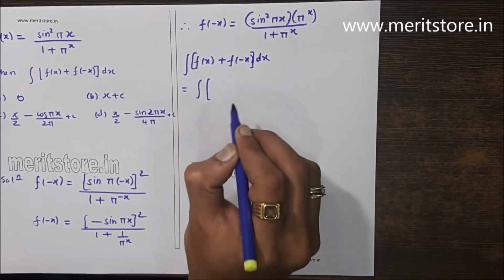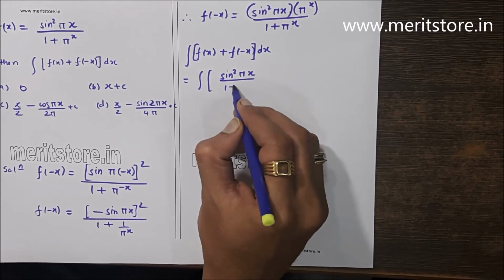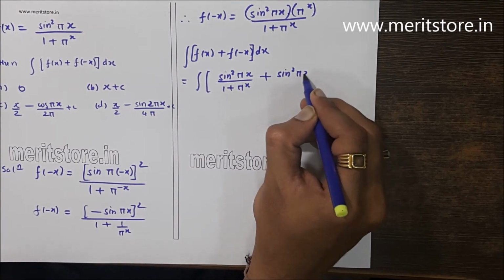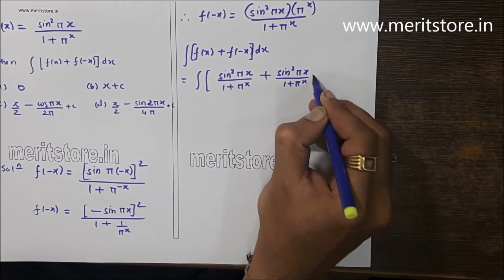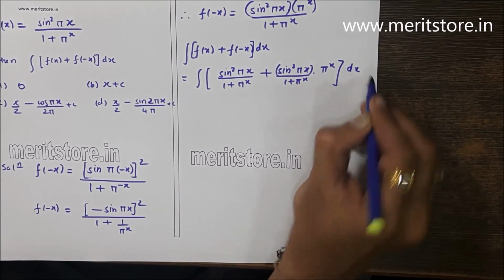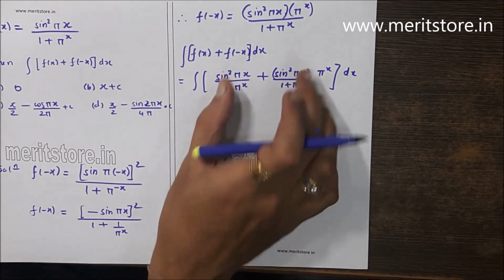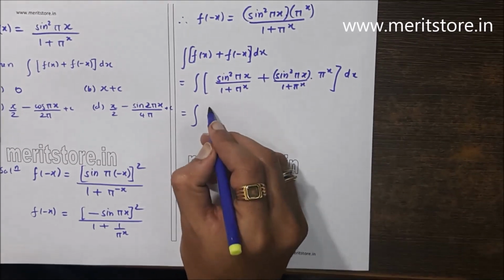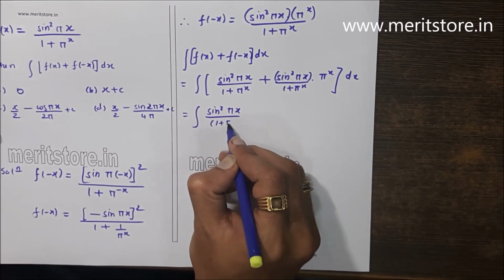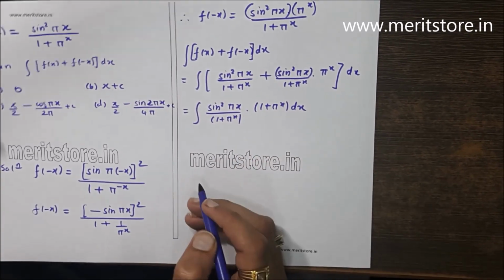the integral will become sine square pi x upon 1 plus pi raised to x plus sine square pi x into pi raised to x upon 1 plus pi raised to x. Taking 1 plus pi raised to x as the LCM, we can take sine square pi x common. We find this will become sine square pi x times 1 plus pi raised to x upon 1 plus pi raised to x dx.